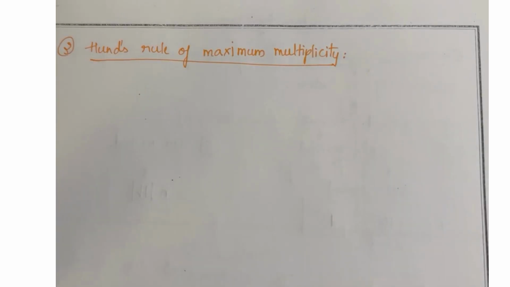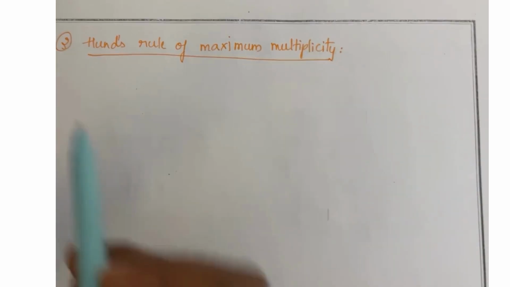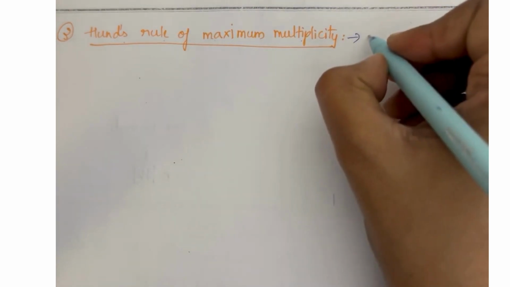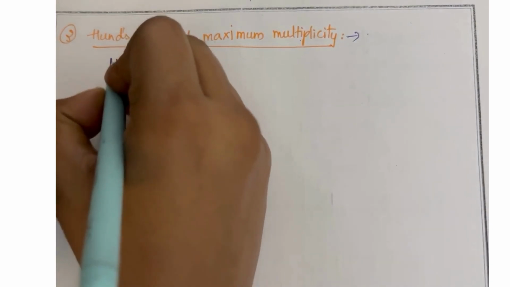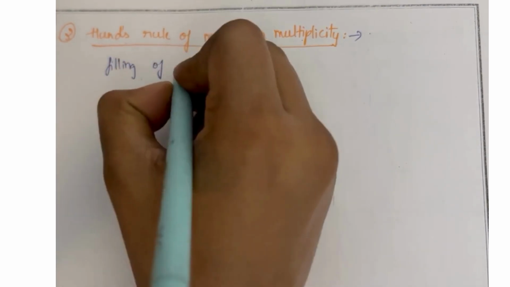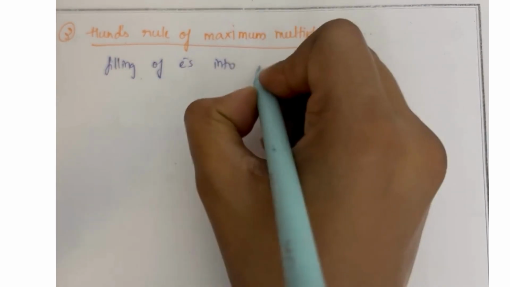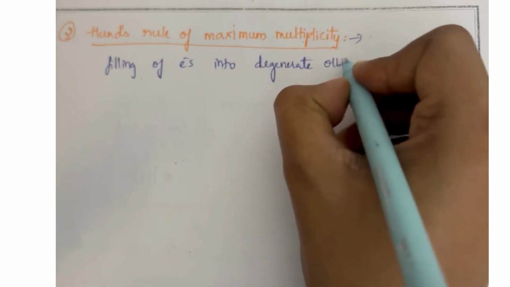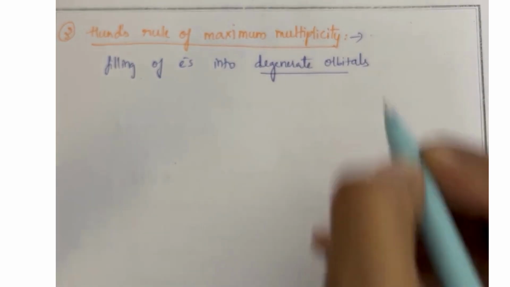The second most important rule of electronic configuration is Hund's rule of maximum multiplicity. This mainly explains the filling of electrons into degenerate orbitals. Now, what are degenerate orbitals?